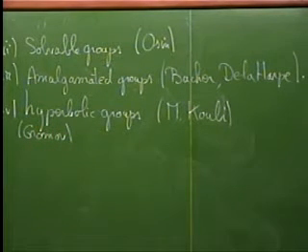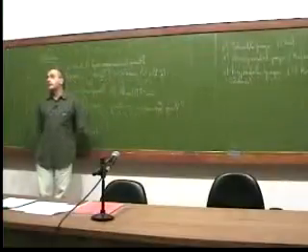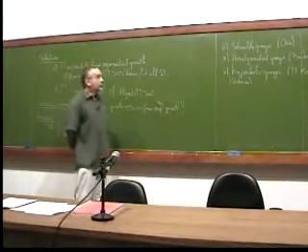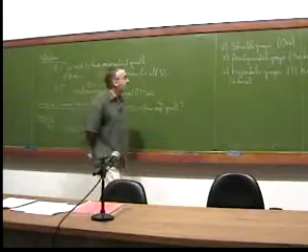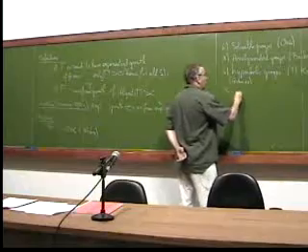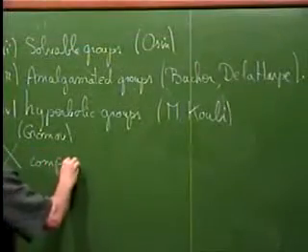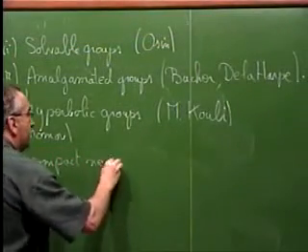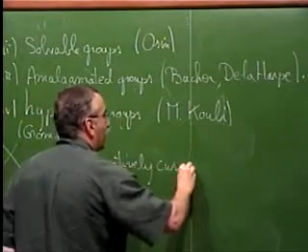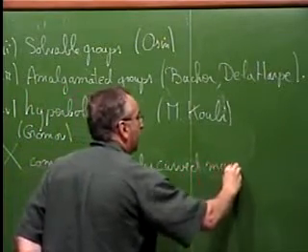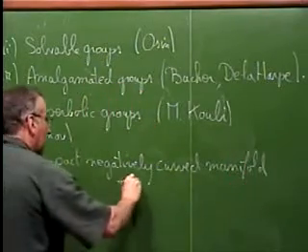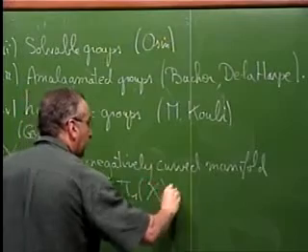If you don't see what it means, and I would understand because I don't see either, you should keep in mind the following examples. If you take a compact negatively curved manifold, then its fundamental group is hyperbolic.